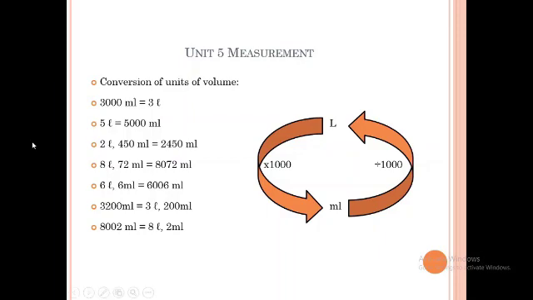We know that 1000 ml is equal to 1 liter, so 1000 is the place for liter, and ones, tens and hundreds are milliliters. So 2 liters, 2 at the place of 2000, that is milliliter, and 450, 2450, 2450 milliliters.